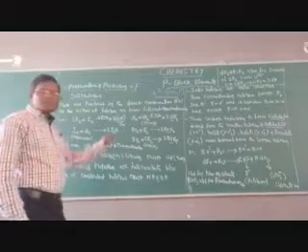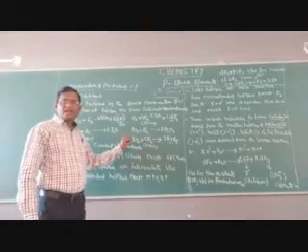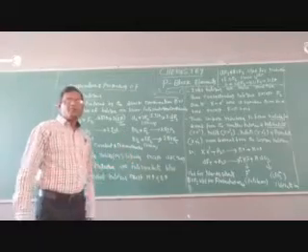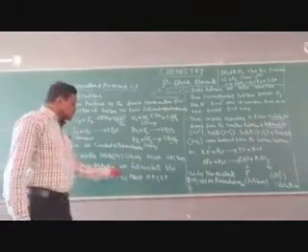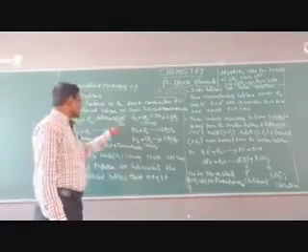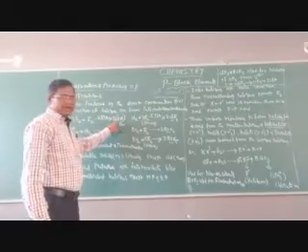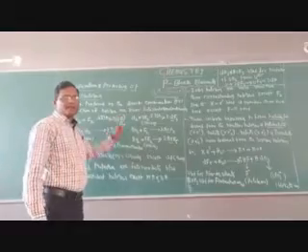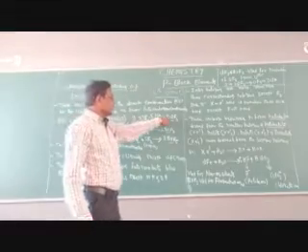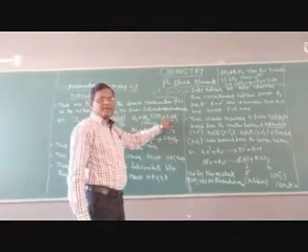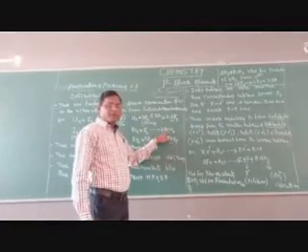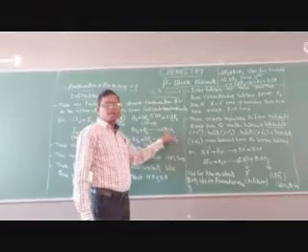Next, the physical properties of interhalogen compounds are intermediate between those of the constituent halogens. For example, the physical properties of ClF are intermediate between chlorine and fluorine, ClF3 between chlorine and fluorine, and BrF3 between bromine and fluorine.